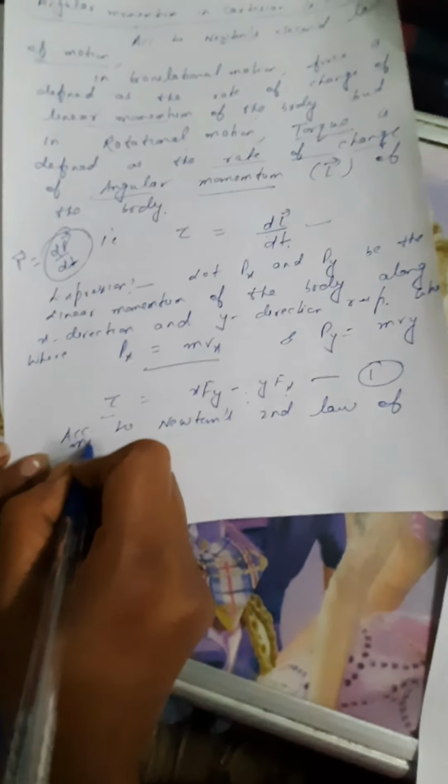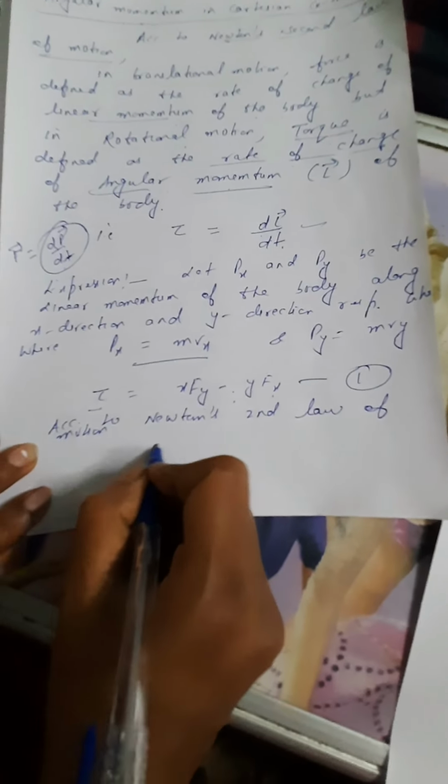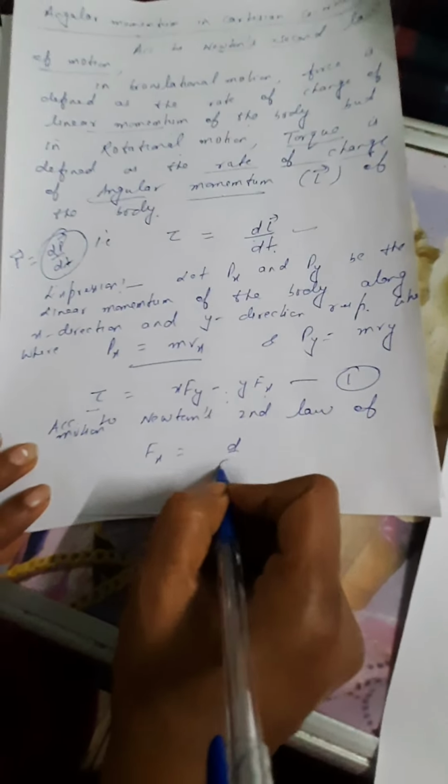Now, according to Newton's second law of motion, Fx is d upon dt of px. This is second, and similarly Fy is equal to d upon dt of py. This is third.